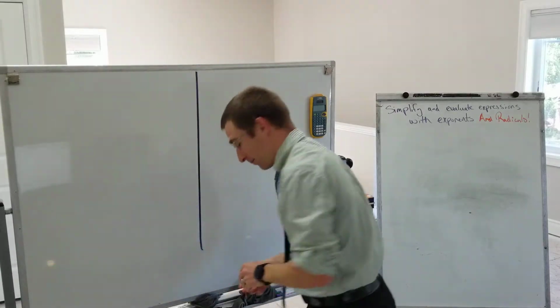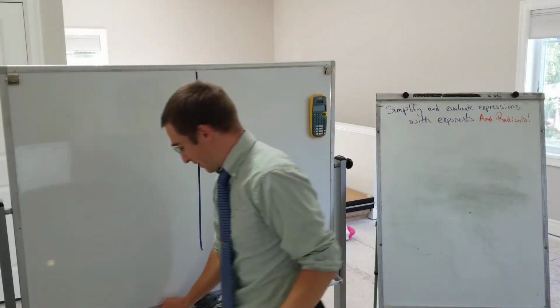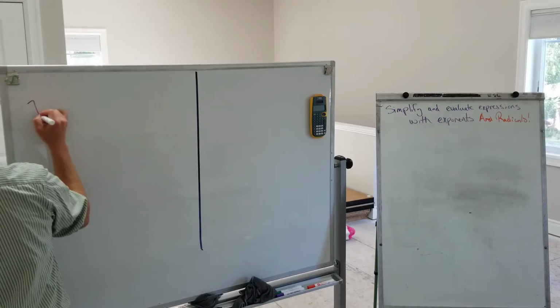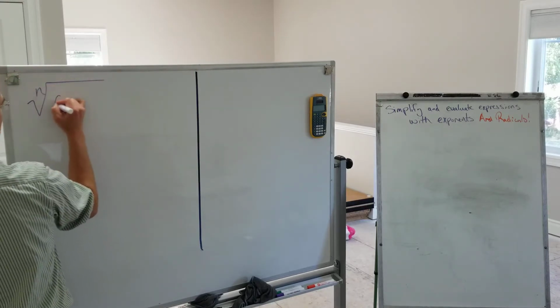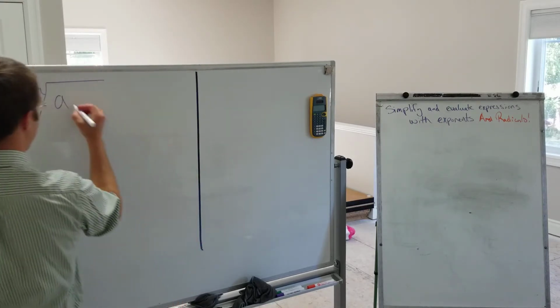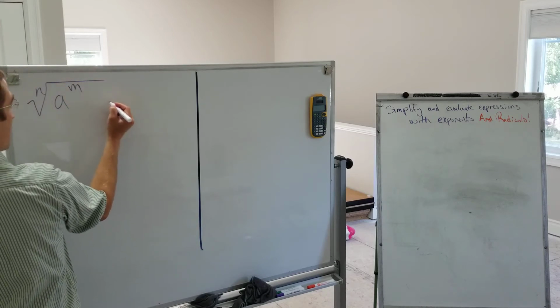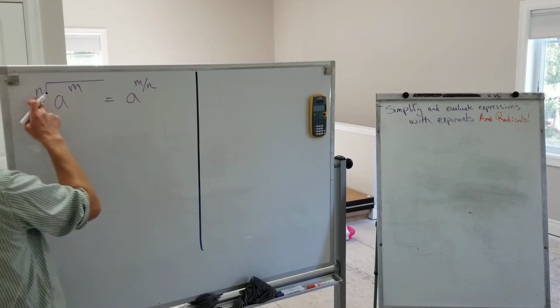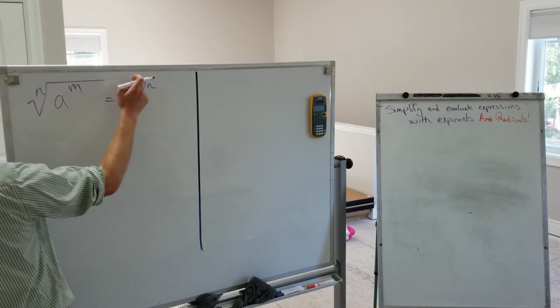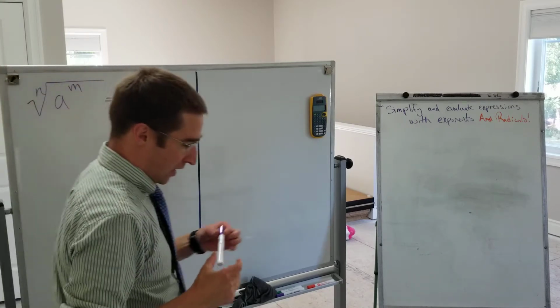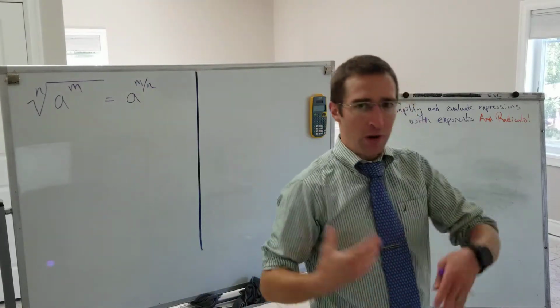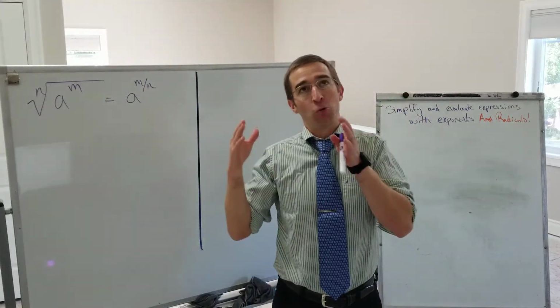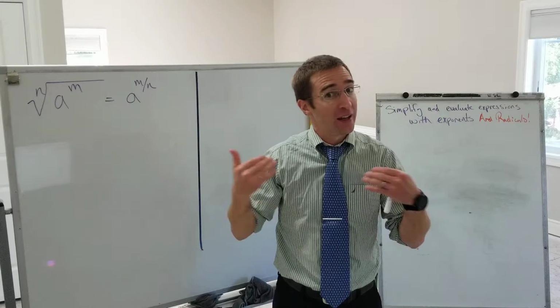Okay, radicals. So this is a radical symbol. Let me make sure it's lined up the way I have it in my notes. So this is the same as a to the m over n. The nth root of a to the m is the same as a to the m over n. An nth root or a radical is just a rational or fraction exponent.